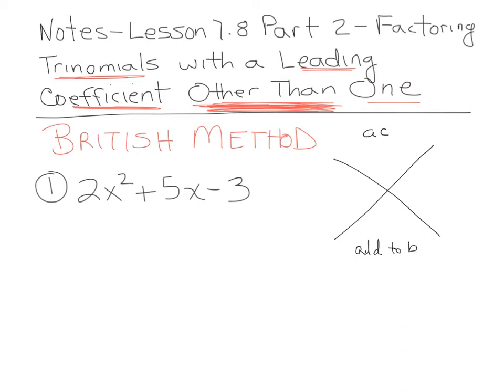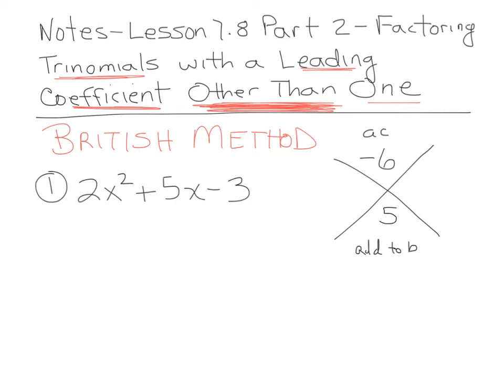All right, so A times C. Now, A is 2, C is negative 3. You have to take the sign in front of it. So A times C is negative 6, and positive 5 is B. So we need all the factors of negative 6, and they have to add up to 5.